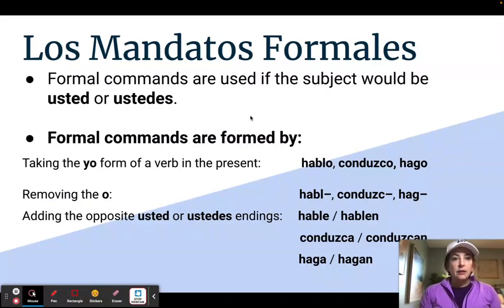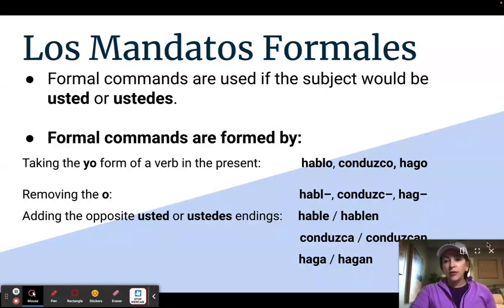Mandatos formales. So these formal commands are used if the subject would be usted or ustedes. Formal commands are formed by taking the yo form of the verb, for example, hablo, conduzco, hago, removing the o, which leaves you with the stem, and then you're going to add the opposite usted or ustedes endings.